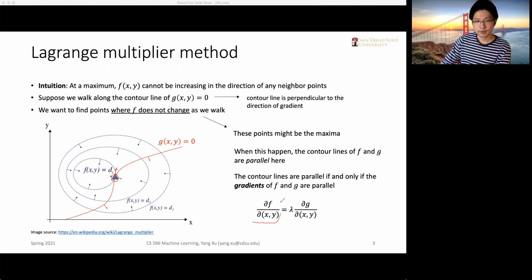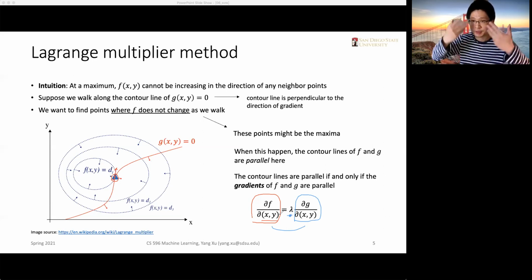The gradient for f is like this. It's the derivative of f with respect to the two variables. And the gradient for g is like this. So we use the constant lambda to indicate the relationship that the two gradients are along the same direction, in parallel.